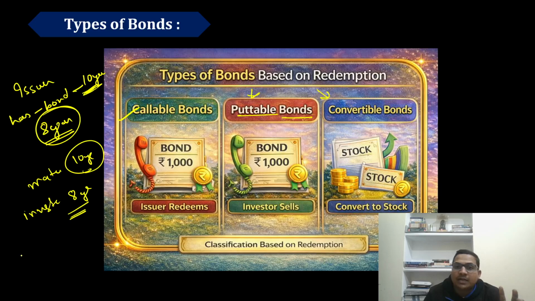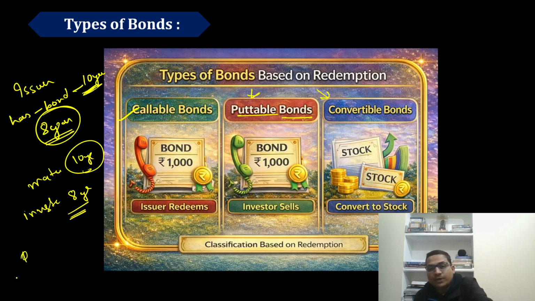Convertible bonds can be converted into stock at any time or at the end of the maturity period. Instead of returning your principal amount or face value to you, the company makes you a partner in the company.